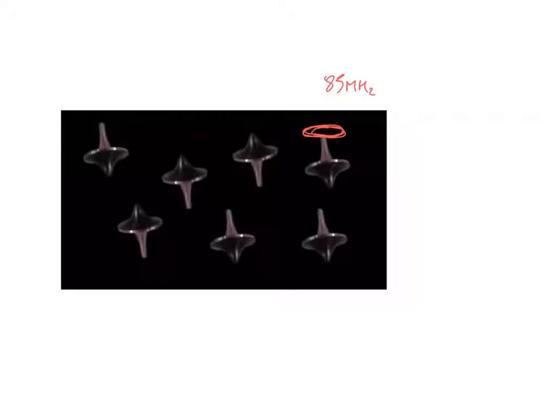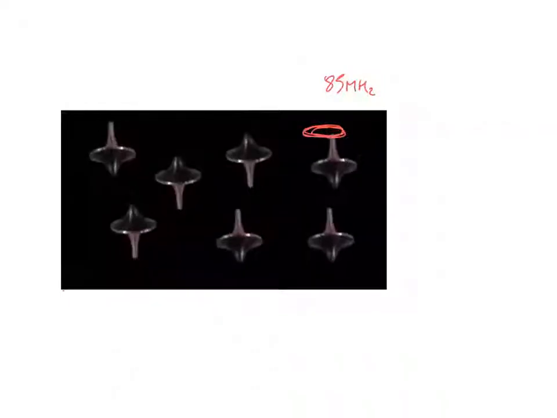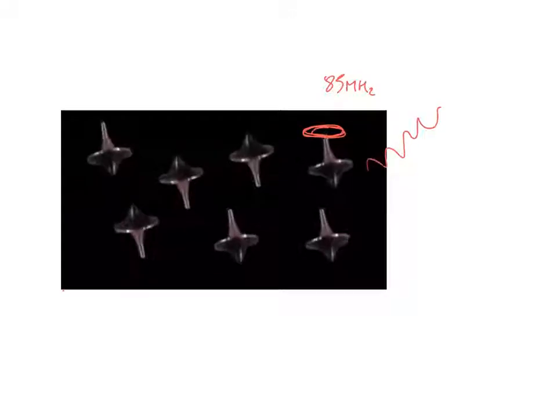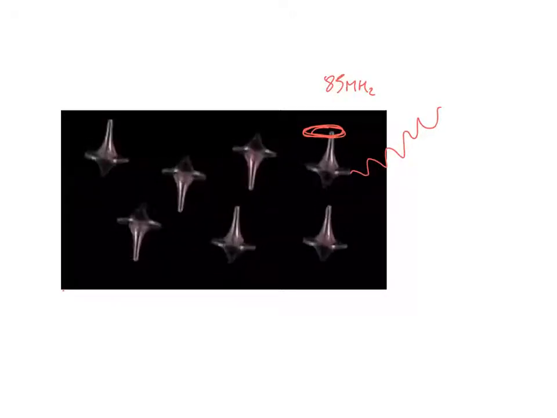So when they're spinning, we send in our radio wave, and the unpaired ones will flip over. You can see that happen here. So they've flipped over, they absorbed the radio wave, and then they'll flip back.